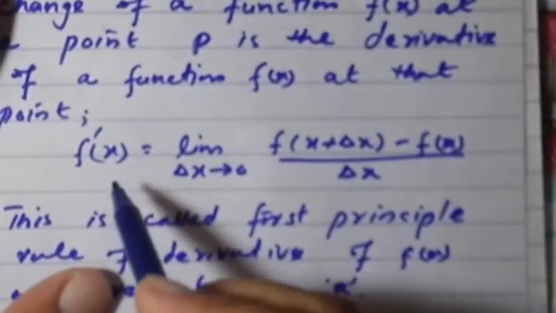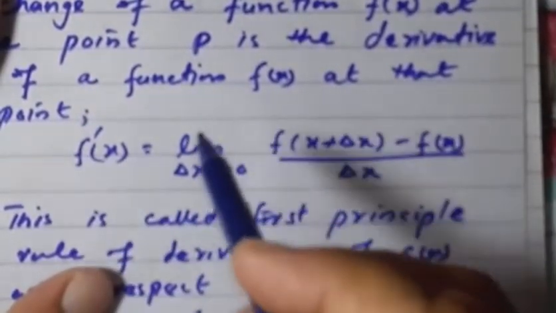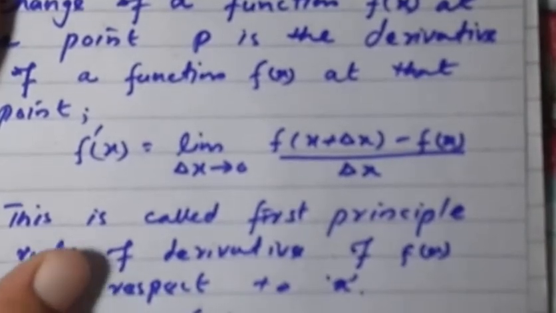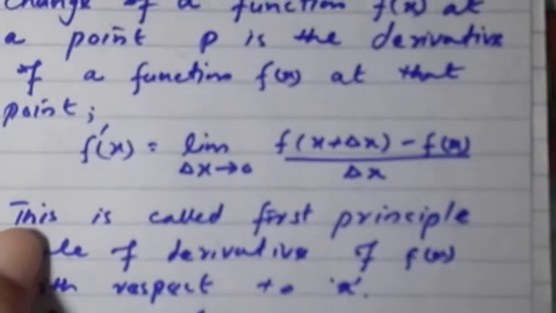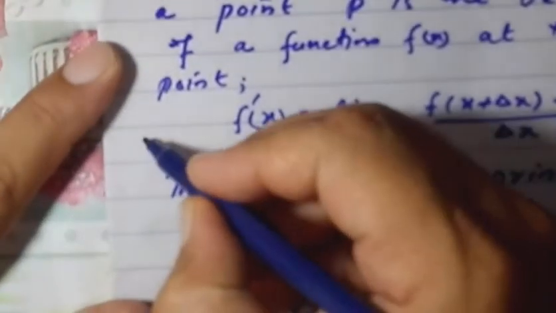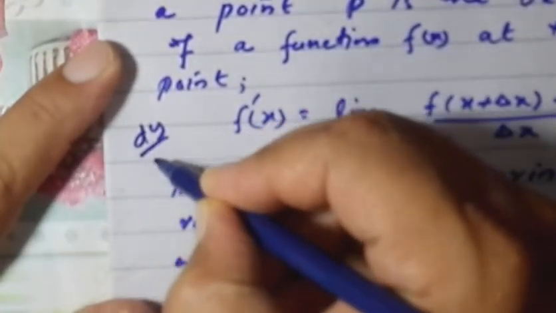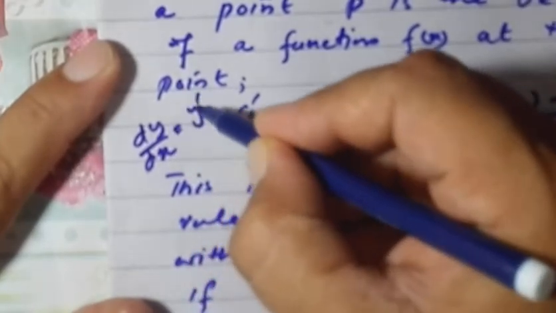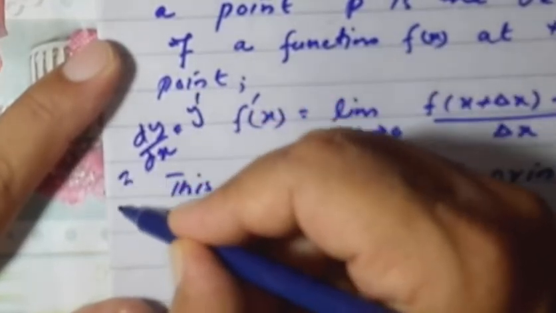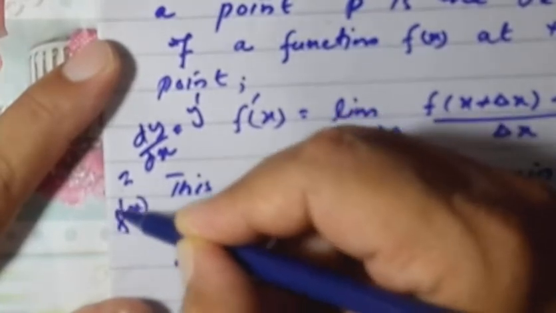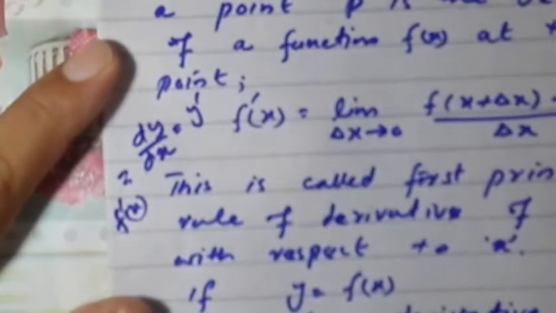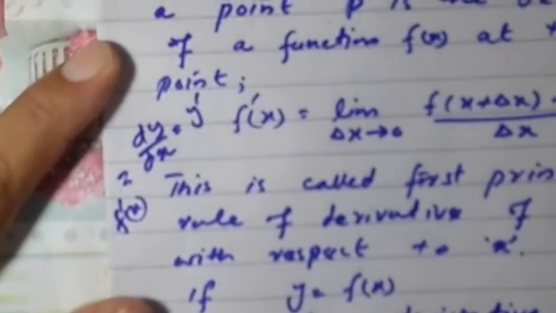We will find it by this formula, and this is called derivative or differential coefficient. We also represent it in case of y by dy by dx, y prime and f dash or f prime of x. These three are the same thing. This is called derivative. Now we will solve the exercise.